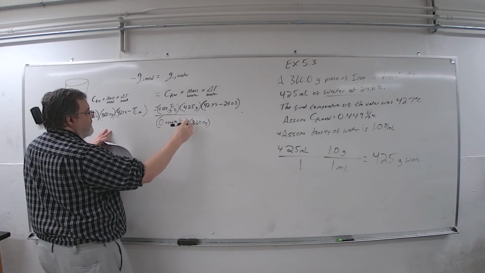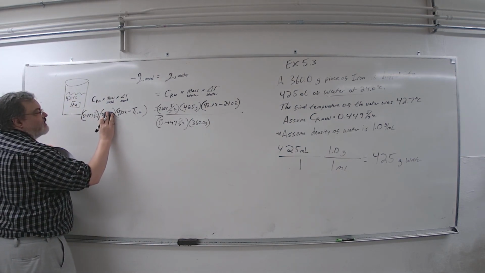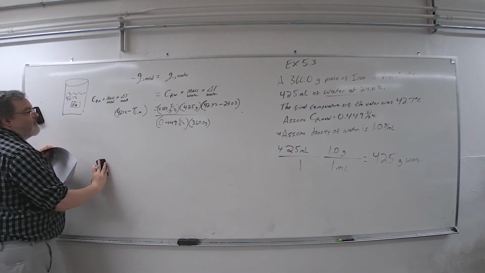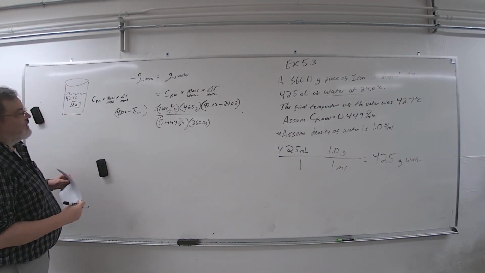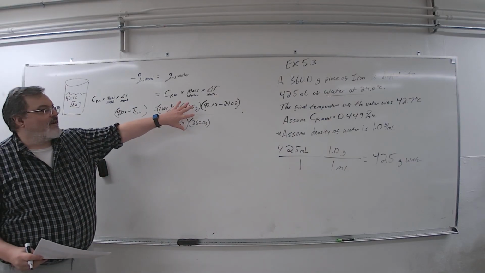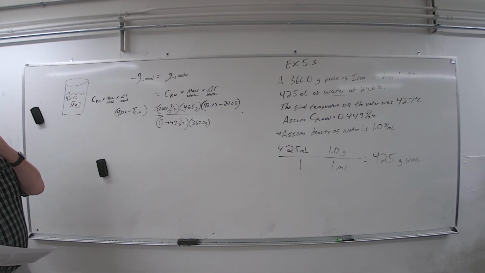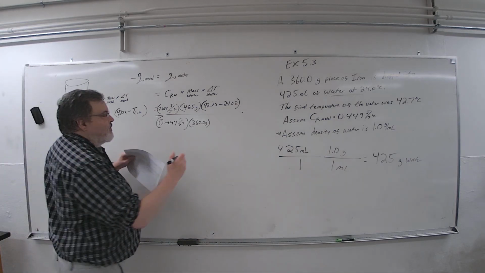Those units will cancel. And I'll leave it like that. I could also say, no, let's not do that yet. Let's get a numerical value for this. No, I'll do it more fancy.